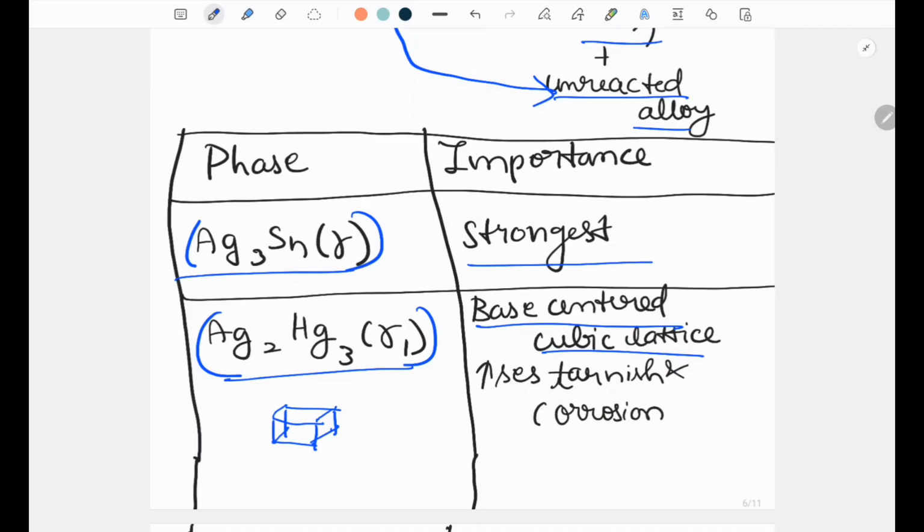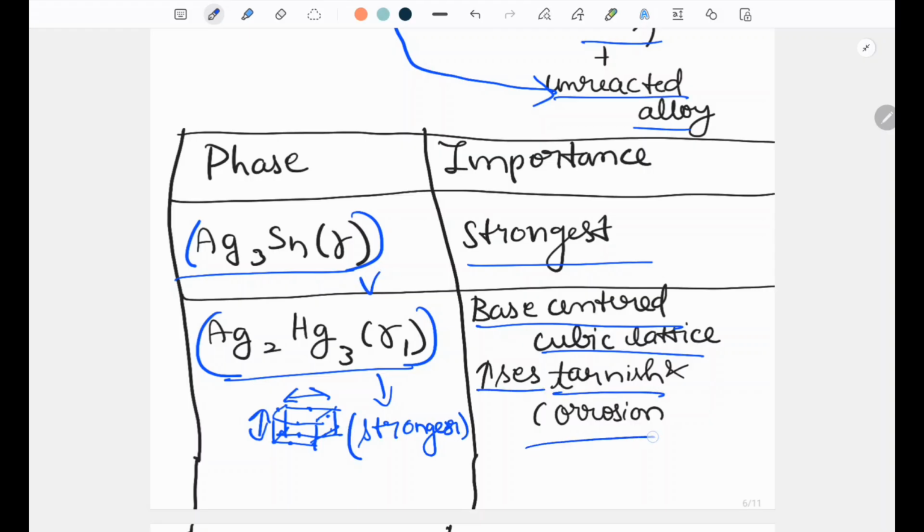So in a cube shaped lattice, where all the sides are equal, the gamma 1 phase forms in the center, forming the body centered cubic lattice, and it's also strong but not as strong as the gamma phase.